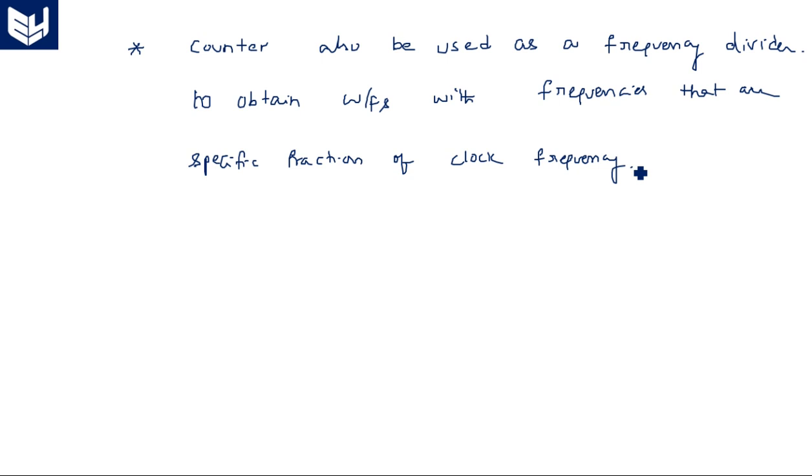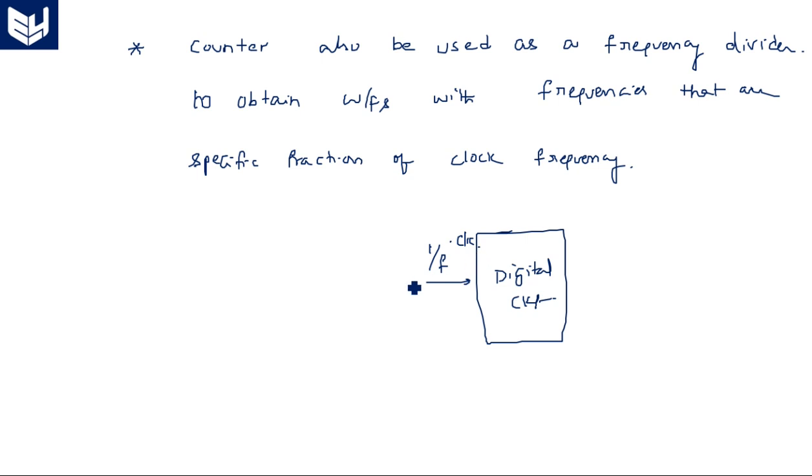Specific fraction of clock frequency. That means sometimes we have a clock frequency of a certain amount, but we need a fraction of that particular clock frequency. Then we use a counter in front of the digital circuit. Suppose we have a digital circuit here which needs a clock pulse that is a fraction, 1 by f, of the clock frequency.